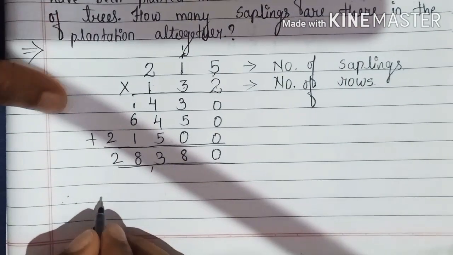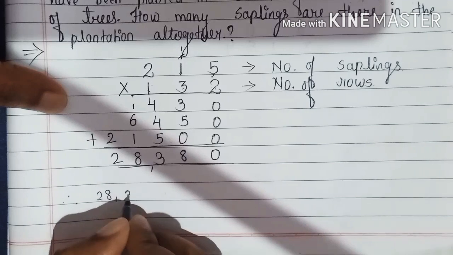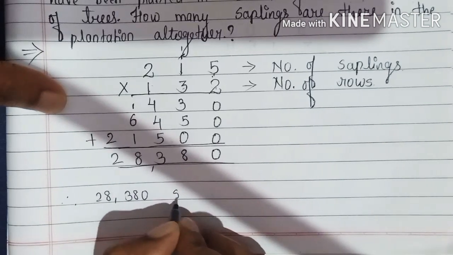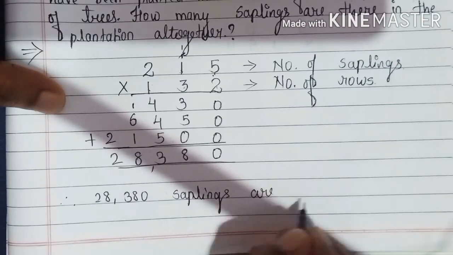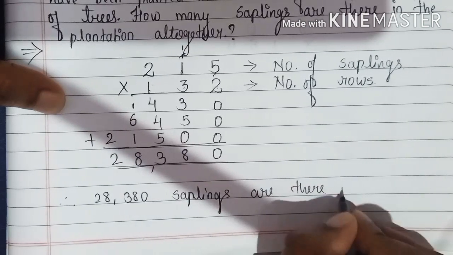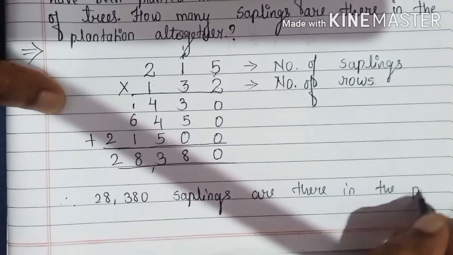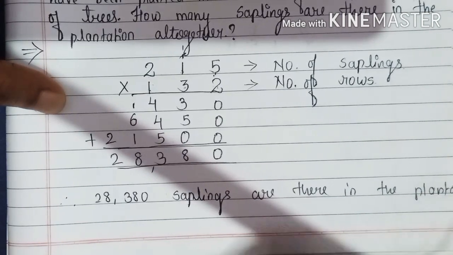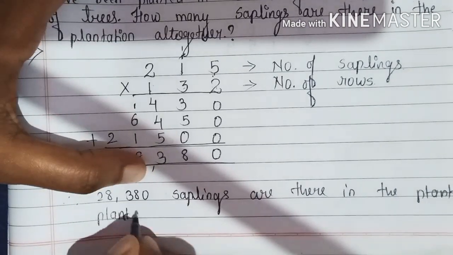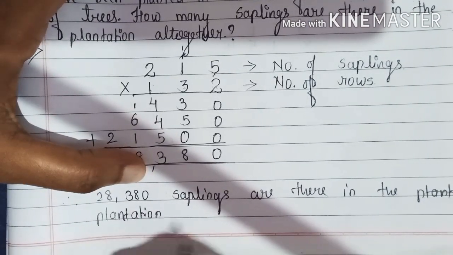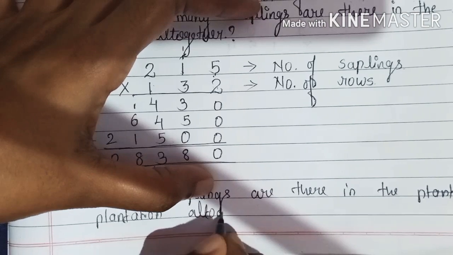So therefore 28,380 saplings are there in the plantation altogether.